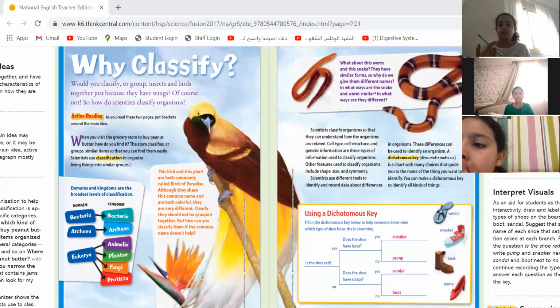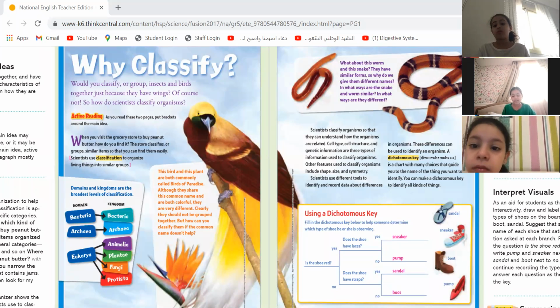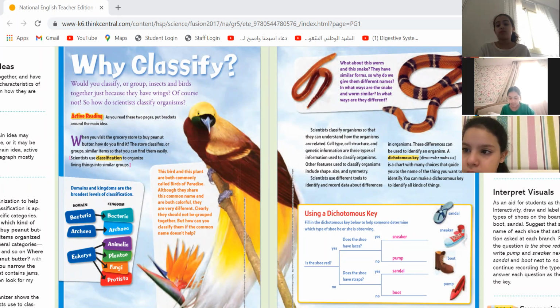Okay, what do you understand a dichotomous key is? That it's a chart. Yes, with many choices that guide you to the name of the thing you want to identify. So it's like the hint key for you.